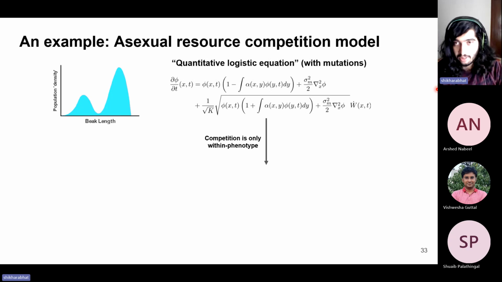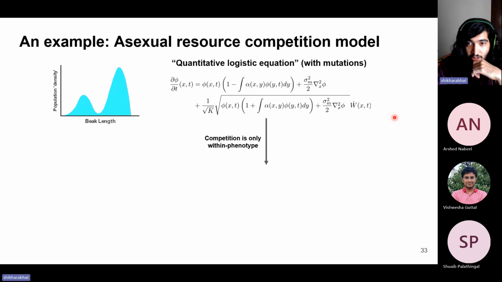If I take another limit, which is if I assume that all competition is only among members that have the same phenotype. So a good example is maybe space, where I only care about people who are in the same spatial location as me, if I coarse grain enough. And the question is, what happens to this then? A good example then might be to replace alpha(x,y) with a Dirac delta.